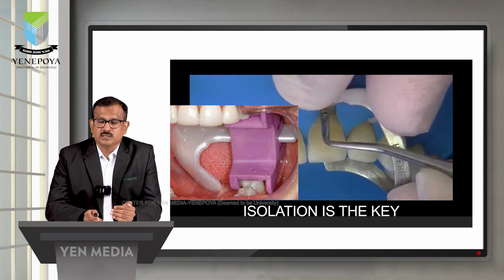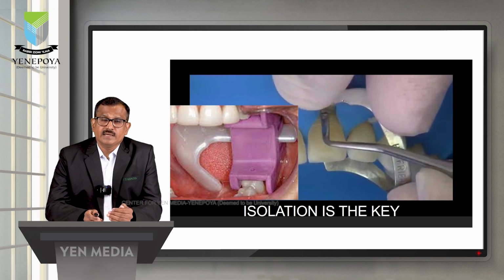And there are other cheek retracting appliances like Umbrella, a very good one from Ultradent, which has cheek and lip retraction simultaneously happening with tongue depression, which can also keep it isolated. But remember, cotton rolls should be used, not the normal hand-rolled cotton, because that might leave cotton fibrils which can attach to the bonding systems or interfere with the bonding.